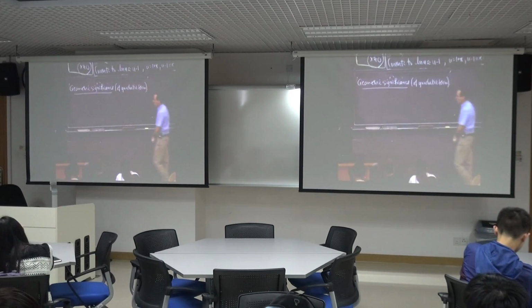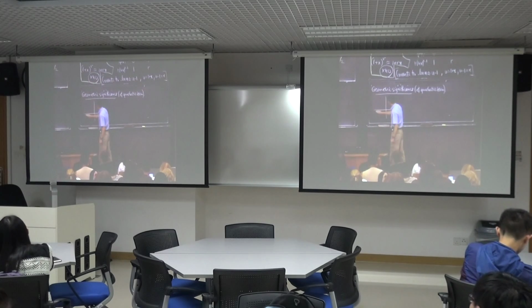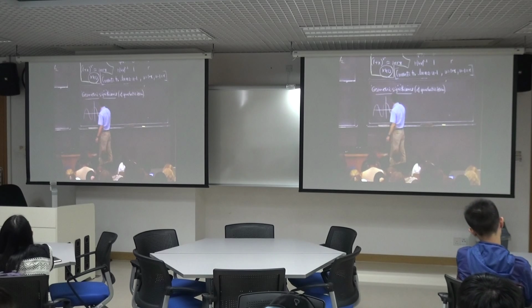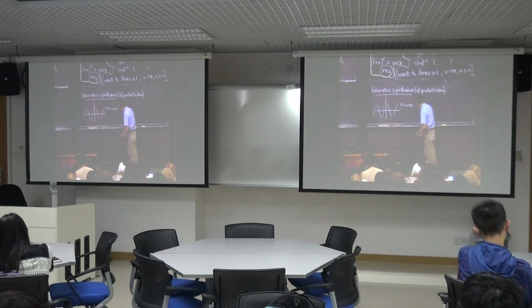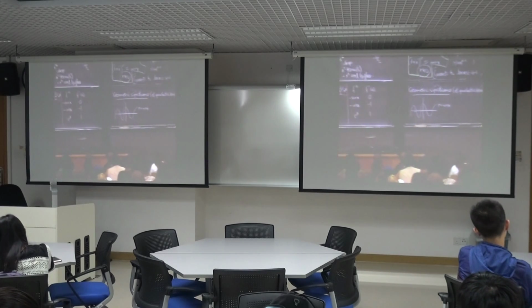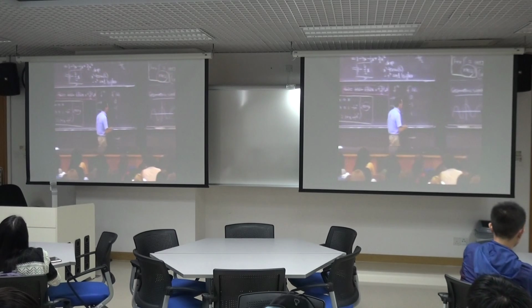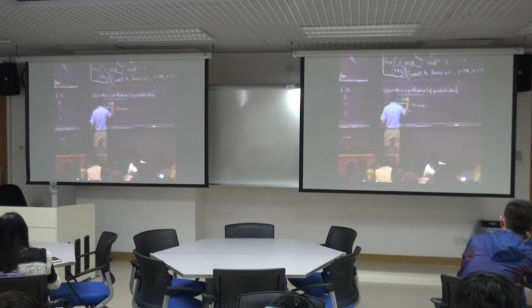So the geometric significance is best to describe just by drawing a picture here. And I'm going to draw the picture of the cosine function. And remember, we already had the tangent line. So the tangent line was this horizontal here. All right? And that was y equals 1.